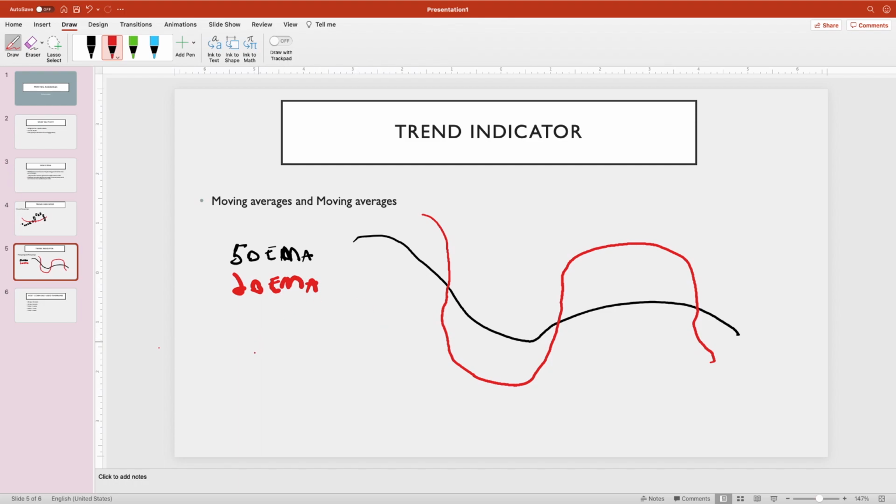Now we have to remember that the stock is either moving sideways, up, sideways, or down. So the moving averages will always follow that, and you can use them as they cross each other to know exactly if you're in an uptrend or a downtrend.